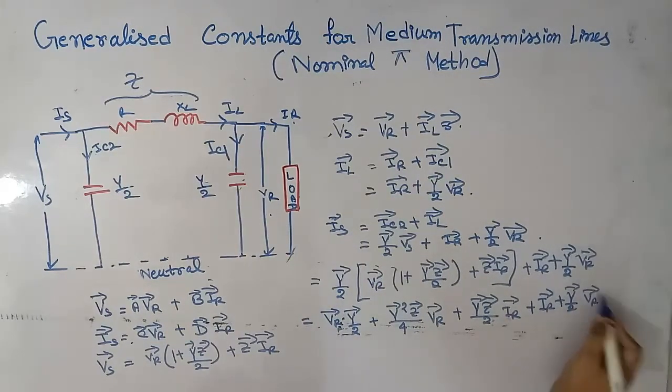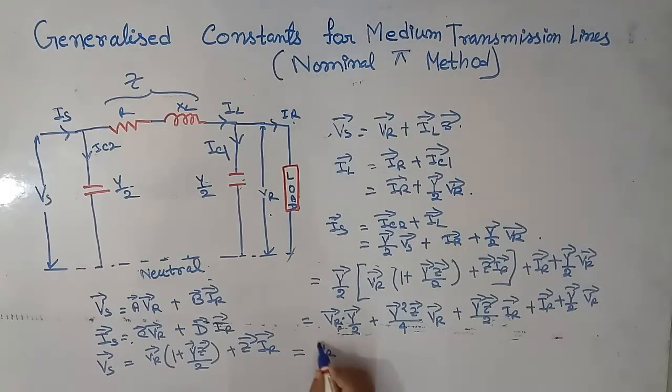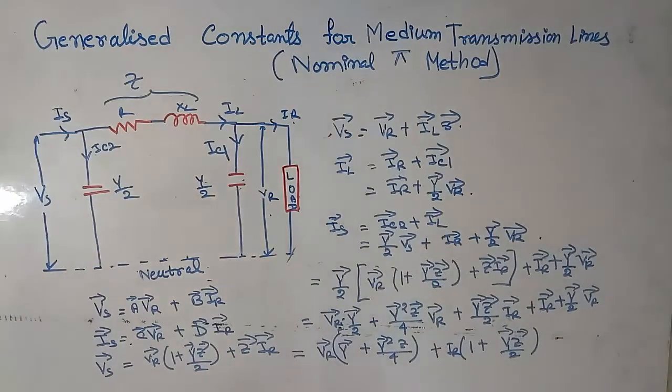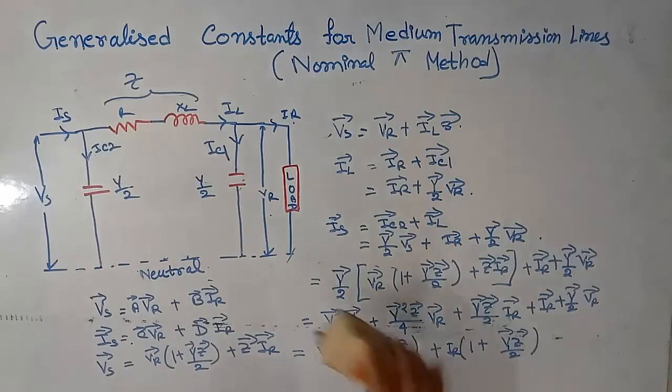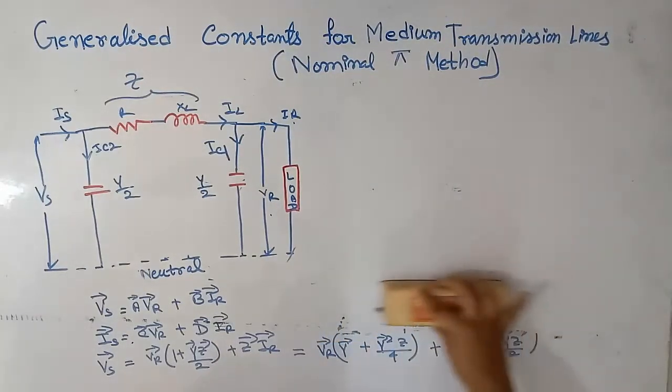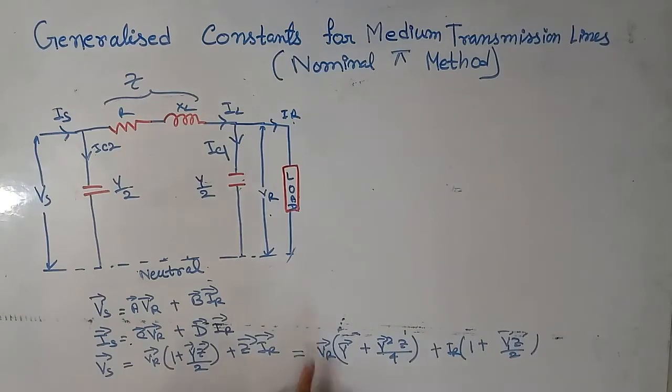Now Y by 2 VR plus Y by 2 VR is equal to VR Y, and if we take common VR, then Y plus Y square Z by 4 VR plus, if we take common IR, then 1 plus YZ by 2 IR. Now this is the expression for IS.